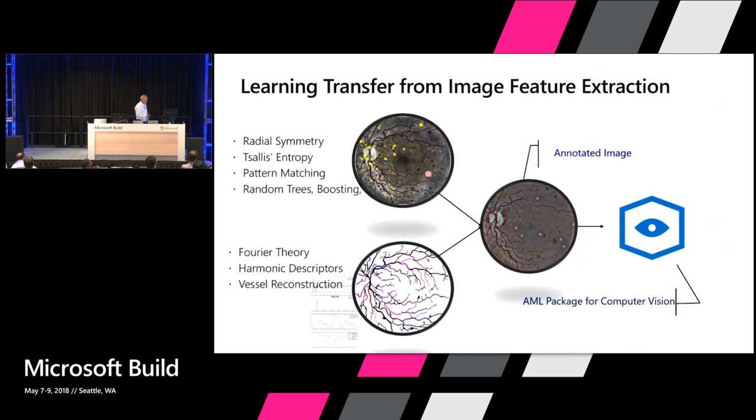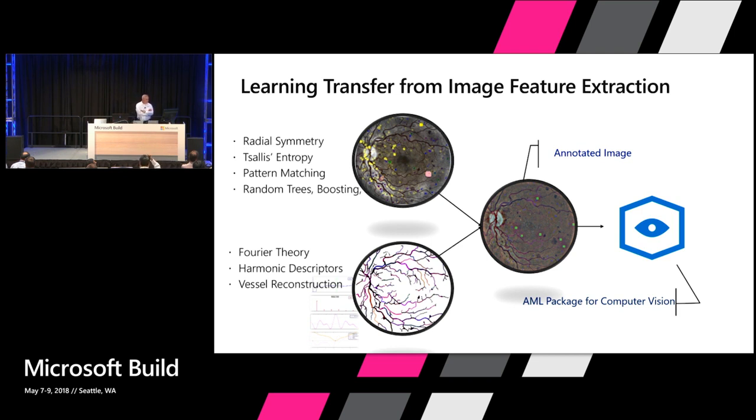So how do we solve that? What I did was implement a two-stage, or two-phase, predictor. The first one is on your left. The first one is a classical image processing predictor using techniques like radial symmetry, entropy, pattern matching, and some classifiers like boosting and random trees.